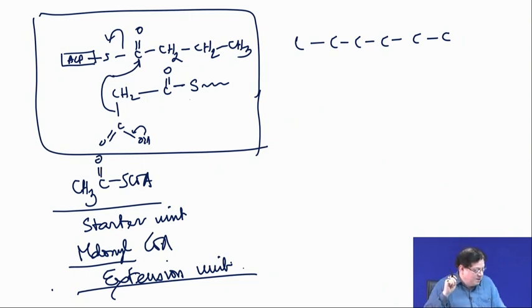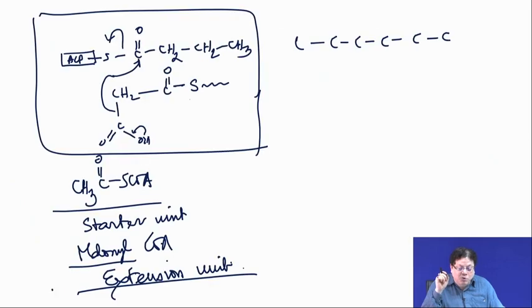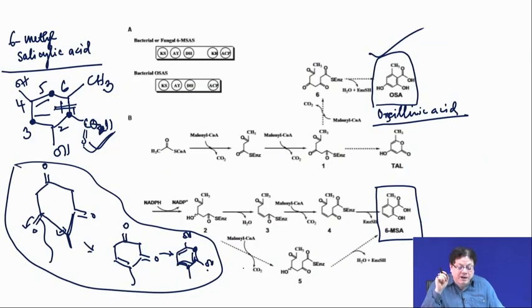Okay. So, if that is clear, then we can slowly move into the earlier problem again, where we got a little bit stuck. See, this was what we said, OSA or selenic acid. That compound, remember, how many carbons are there?